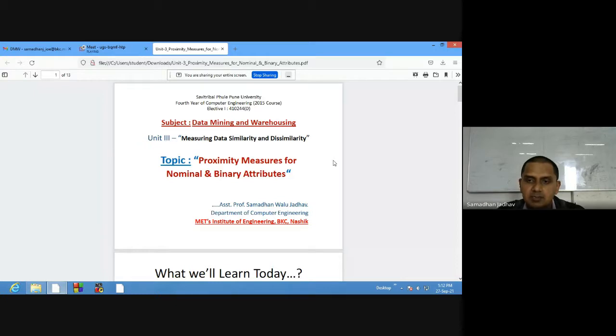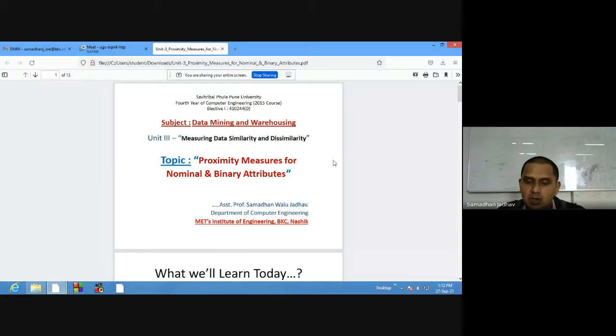They represent objects. These attribute values are of four types. We know attributes are nominal, binary, ordinal, and numeric. So there are different similarity or dissimilarity measures for different types of attributes.